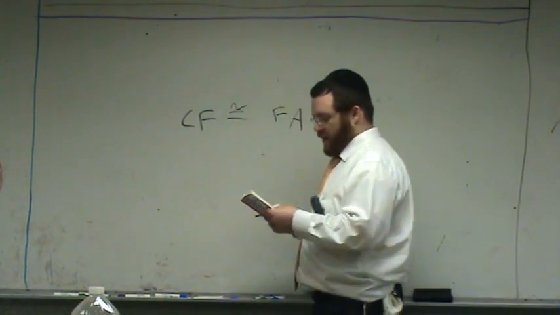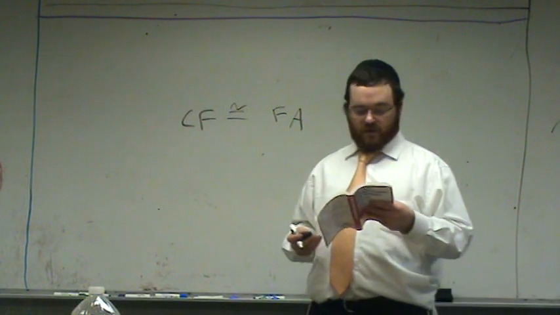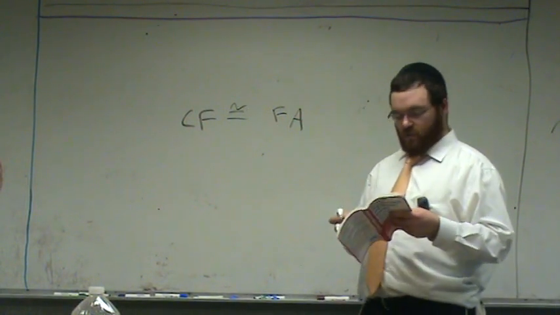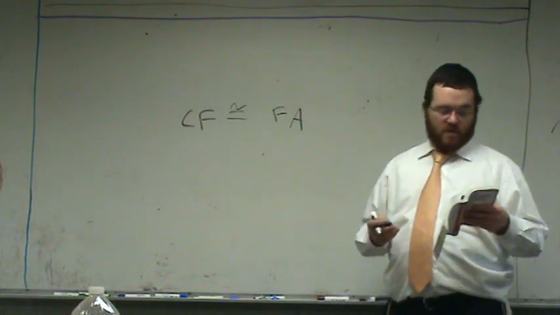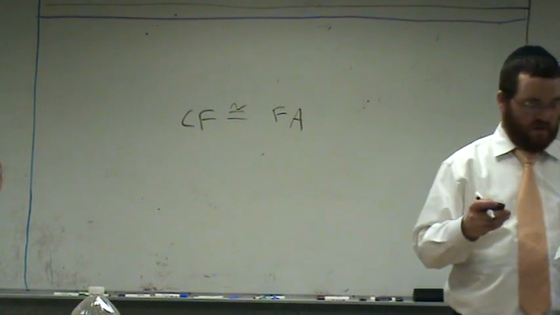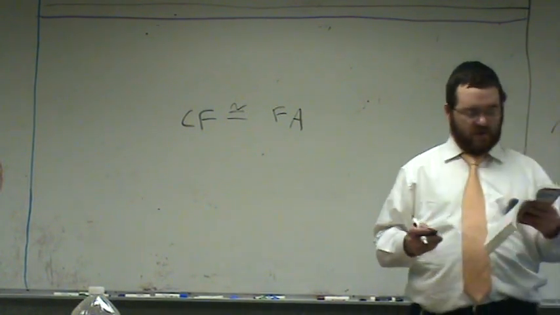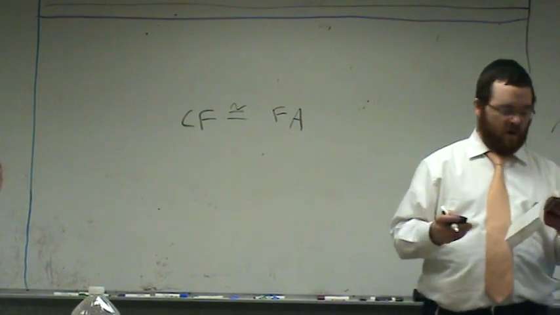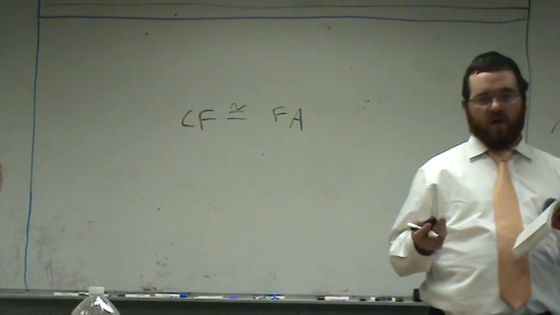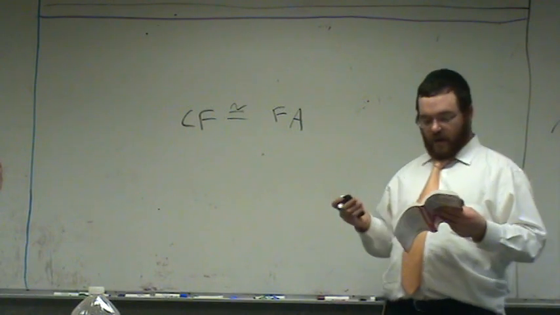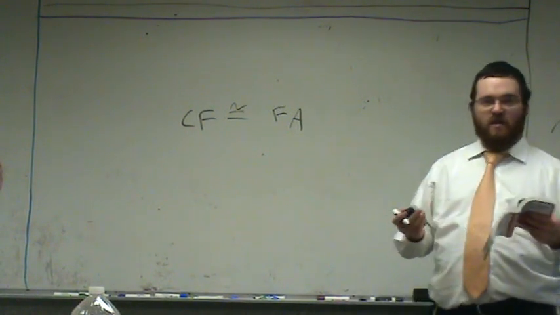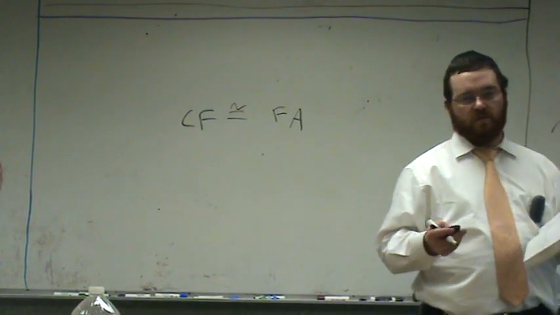And if they're equal, they're congruent. All the other ones, we have no proof for. Therefore the only one that we know for sure is correct is answer 4, that CF is equal to FA, because F breaks the line in half, so FA and FC are both equal to each other.